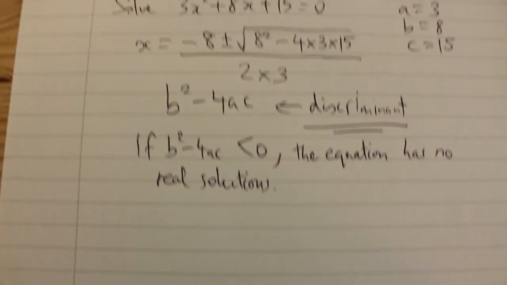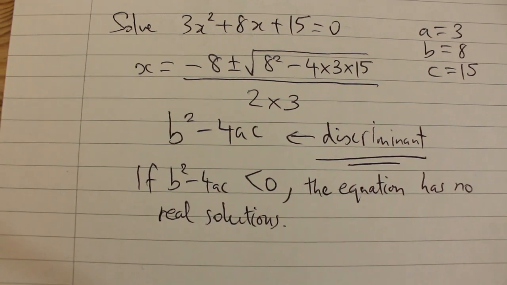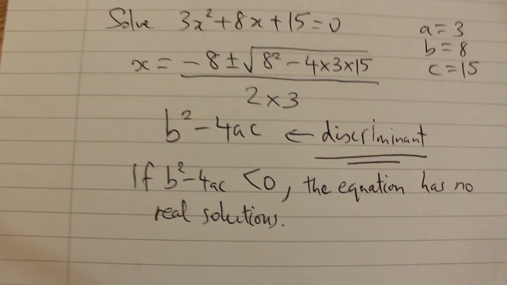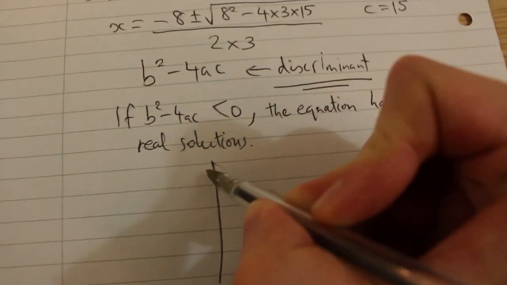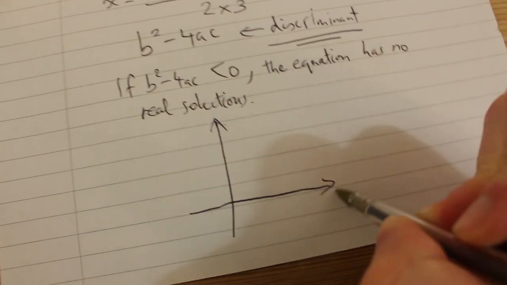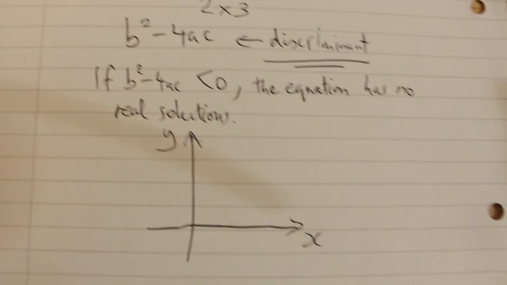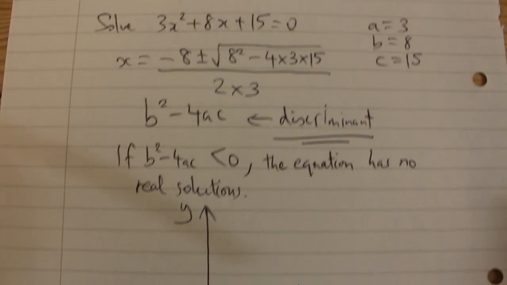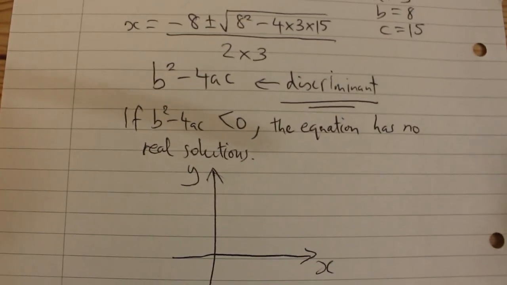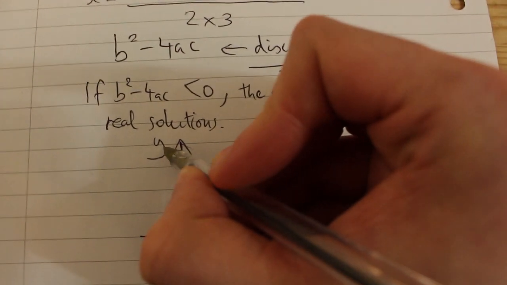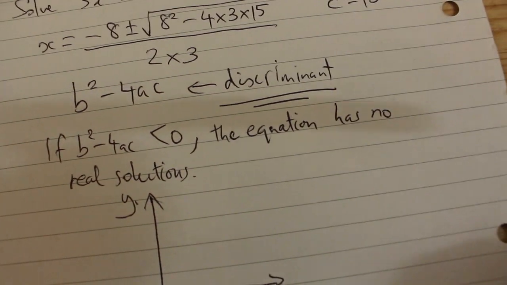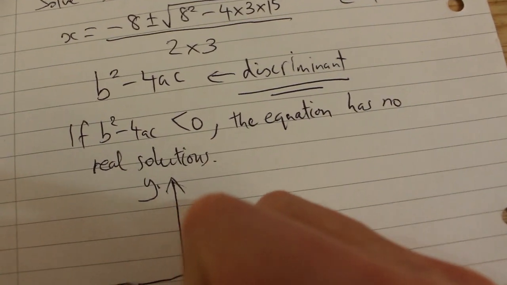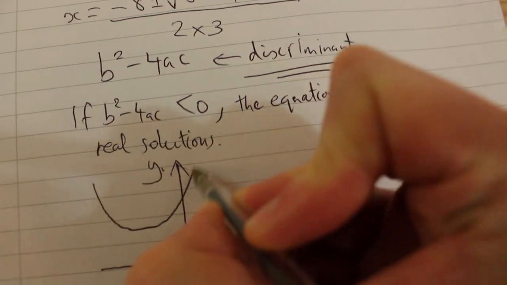So what does this mean in terms of the graph of this function? Well, if we were to sketch the graph of this function, so if I draw an x-axis and a y-axis, we know it crosses the y-axis at 15. If you were to plot some points, you would find that the graph is going to look something like this, where this is 15.